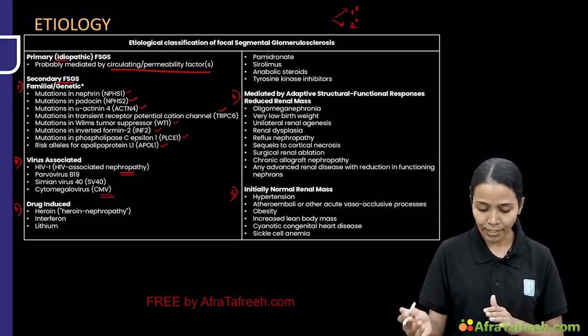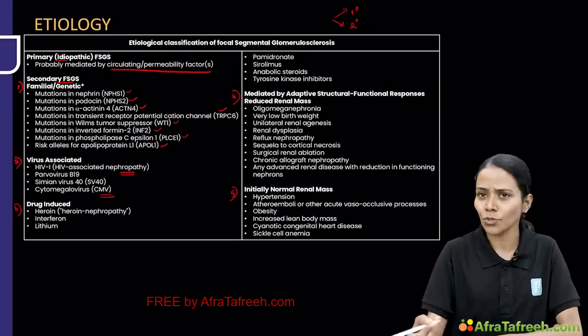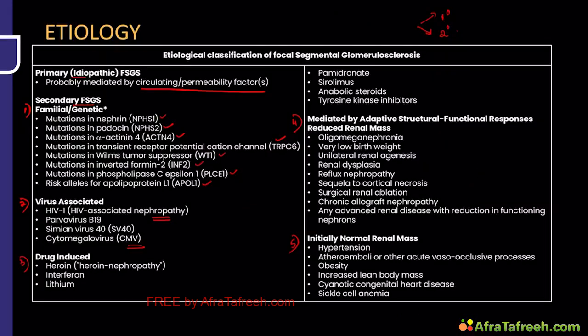Okay. Now drug induced. There are many drugs which can cause this. I used to use a mnemonic for my exam to remember that. The mnemonic is HIPSAL. Okay. So what is this? H is heroin, I is interferon, P is pamidronate, S is sirolimus, A is anabolic steroid, and L is lithium.